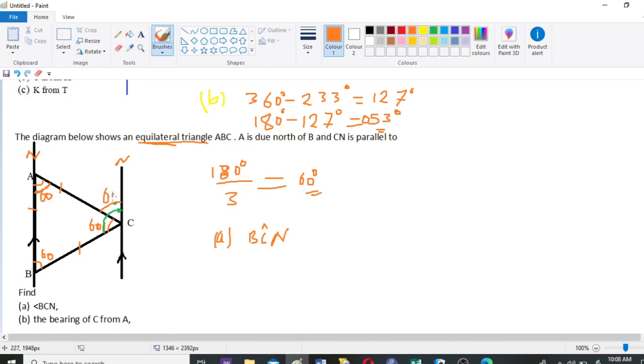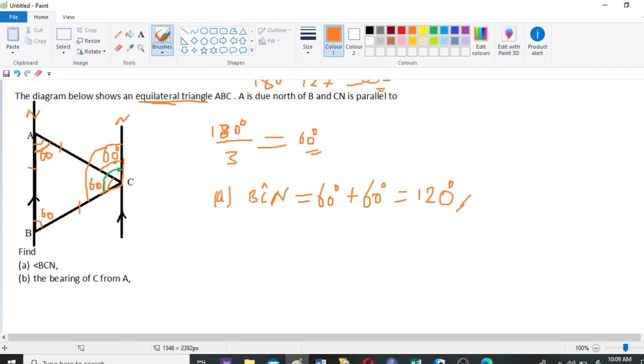So the angle we've been asked to calculate, BCN, is nothing but the summation of 60 plus 60, which will give us 120 degrees. Yes, as simple as that.